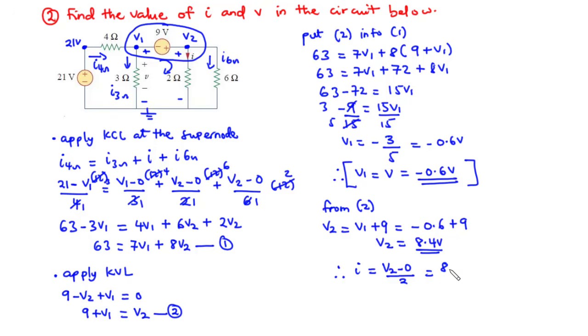So it is 8.4 minus 0 over 2, and then 2 goes here once, 2 goes here 4 times, 2 goes here 2 times. Therefore we have I equal to 4.2 amperes.